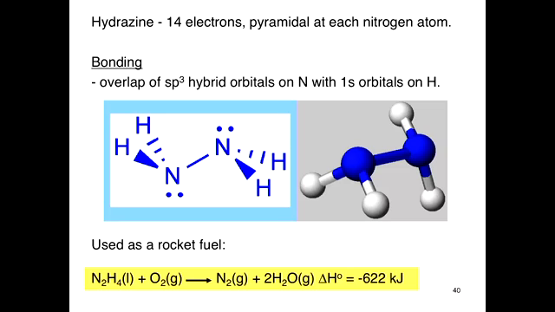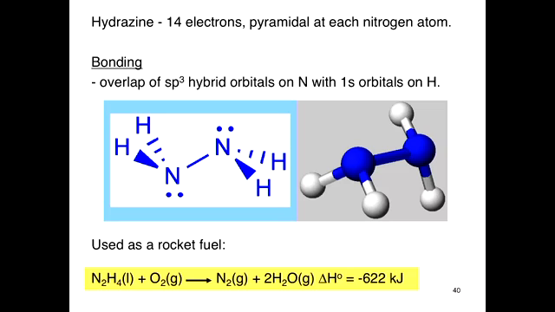And so what students would often do is draw nitrogen with a double bond and then 2 hydrogens coming off. If you do the electron count, however, there's too many electrons. So rather than have a double bond, we've got a lone pair on each of the nitrogens there. So it's really almost like two ammonia molecules. Get rid of a hydrogen from each and put a direct nitrogen-nitrogen bond.